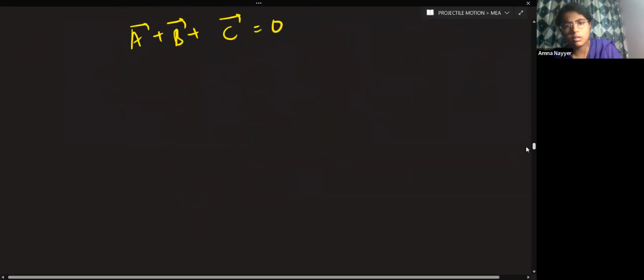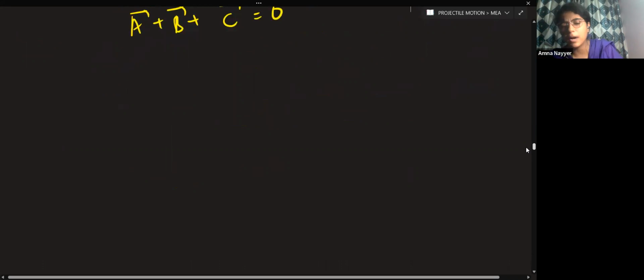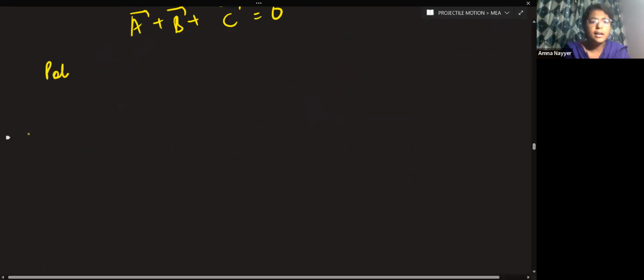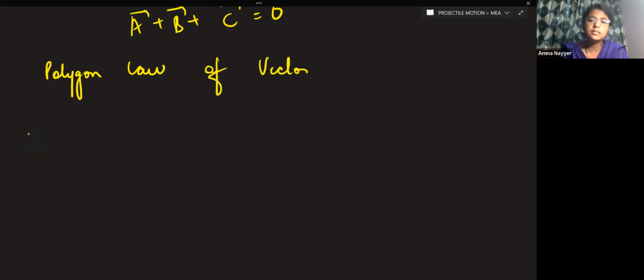Before you note down all these parts, let's just understand polygon law. Because the statement of polygon law is just different, otherwise, the rest of the things remain the same. So we have polygon law of vector addition.